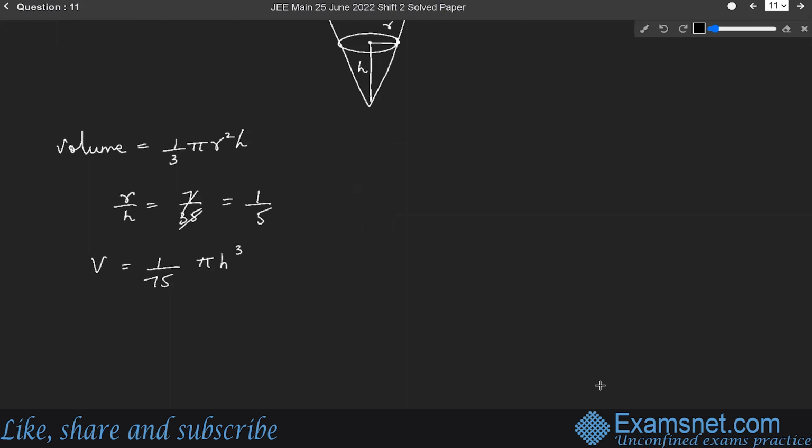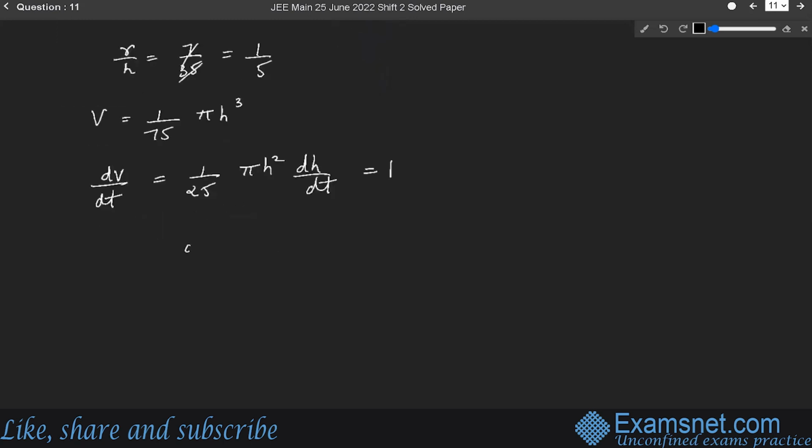Now, differentiating it, dV upon dt is equal to 1 by 25 pi h square dh upon dt, which is equal to 1. Therefore, dh upon dt will be equal to 25 upon pi h square.